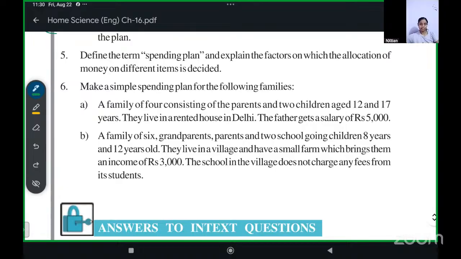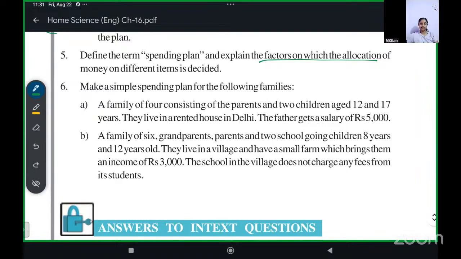Something that is a priority, like food or rent, housing. Size of the family, okay, those factors. Can you give me some more? One is size of the family. What else? Your income. Their income, yes.